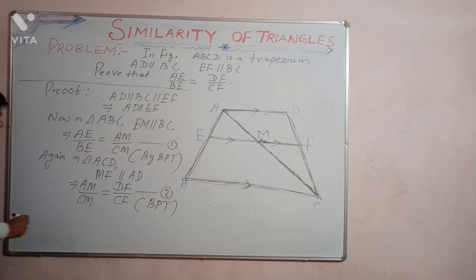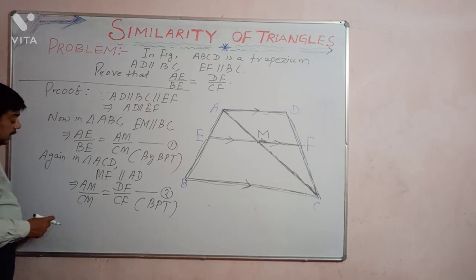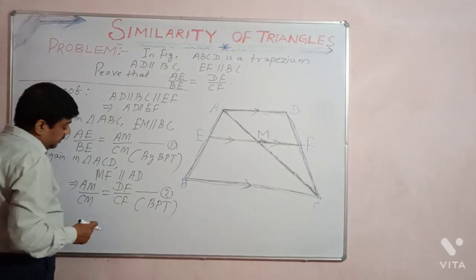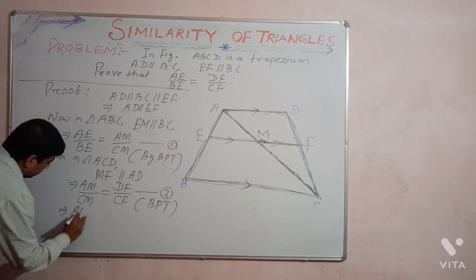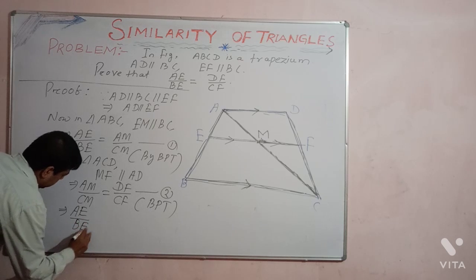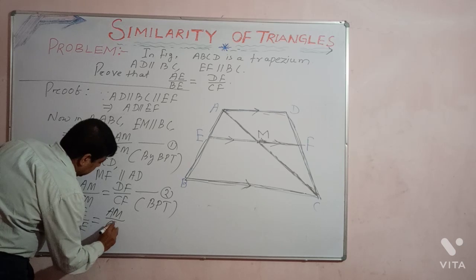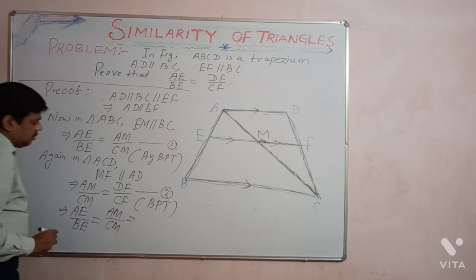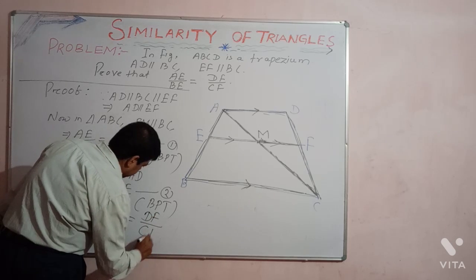Okay, now from equation 1 and 2, AE upon BE is equal to AM upon CM. Again, AM upon CM is equal to DF upon CF. So from equations 1 and 2 we can equate that AE upon BE: in equation 1 we are getting AM upon CM, and again AM upon CM in equation 2 we are getting DF upon CF.